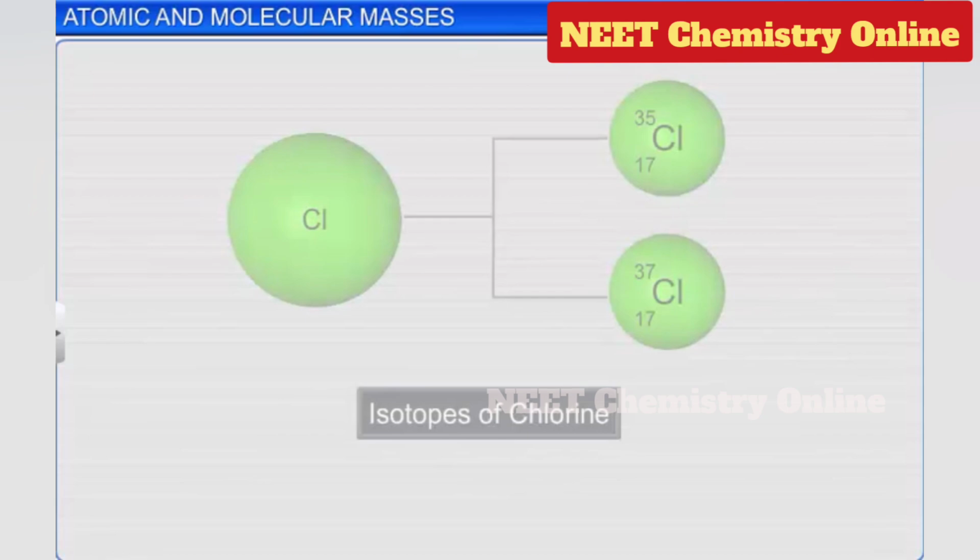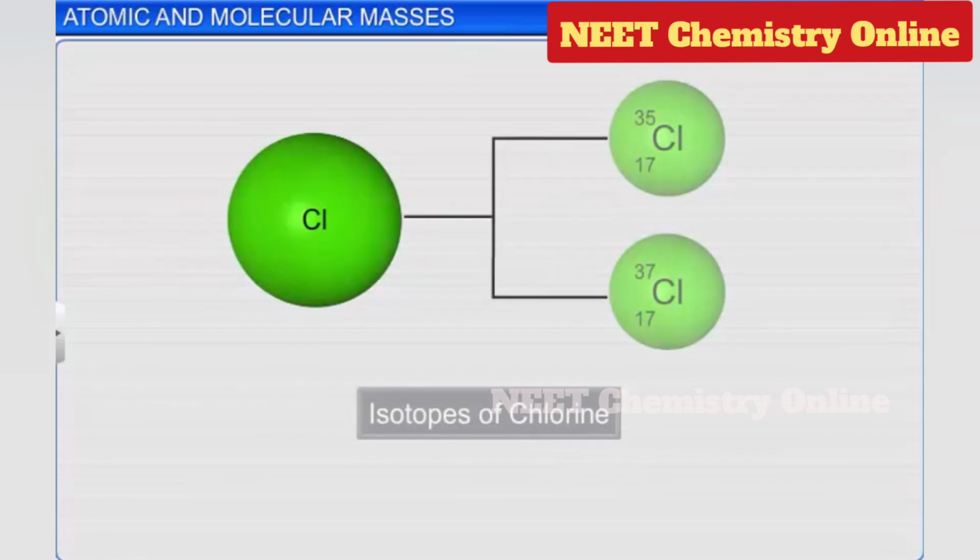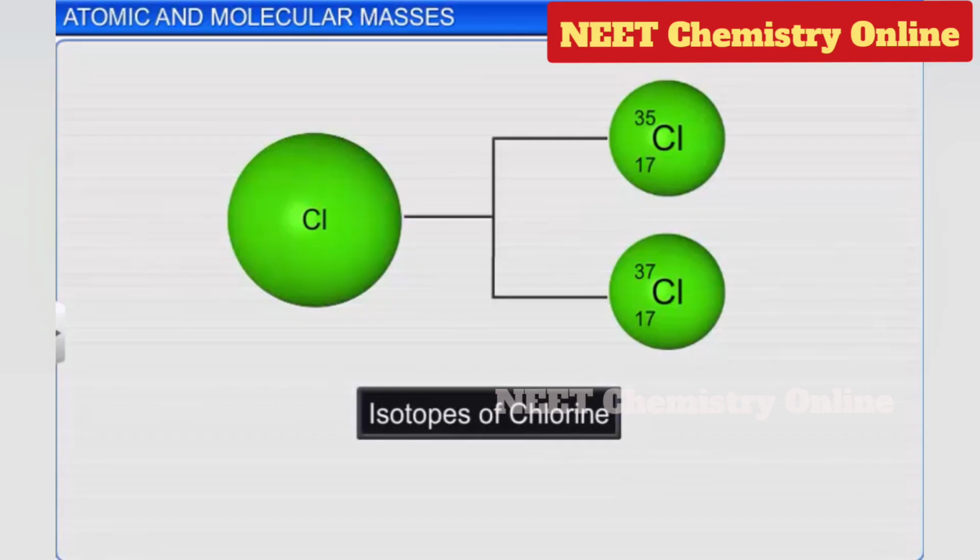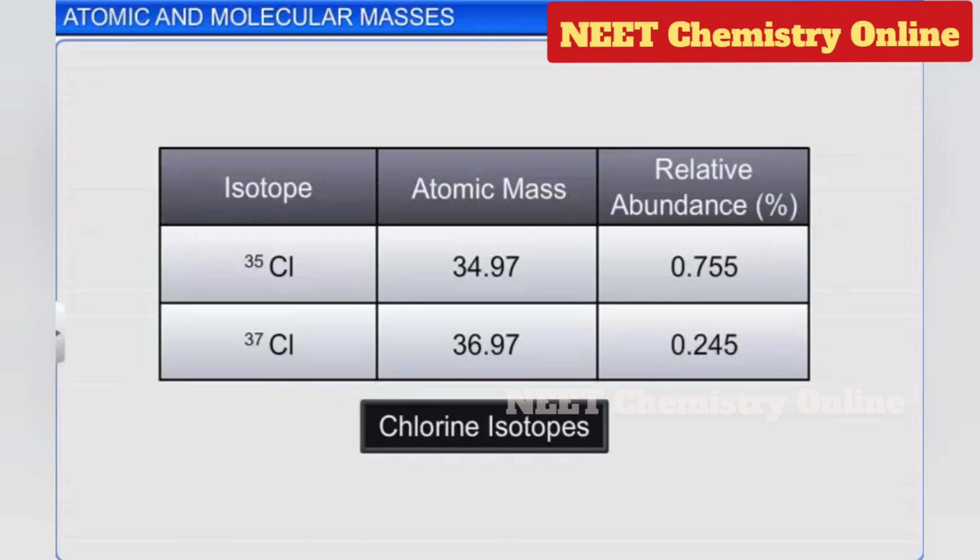We know that when atoms of the same elements possess different atomic masses, they are known as isotopes. Hence, for isotopes, the average value of the atomic masses is considered as the atomic mass unit. For example, chlorine has 2 isotopes with atomic masses of 34.97 and 36.97 units respectively.